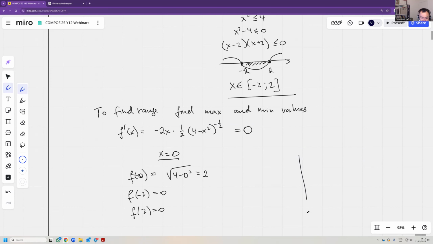So you kind of can get a glimpse of how the function actually looks. So x can take values between minus 2 and 2. And then y can take values from 0 to 2. Right, and well, it's going to be like this.